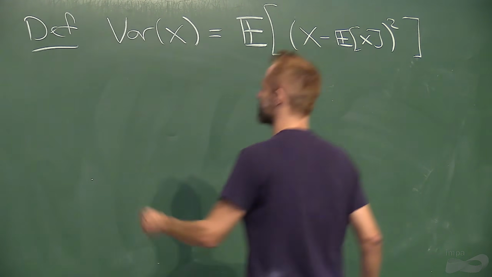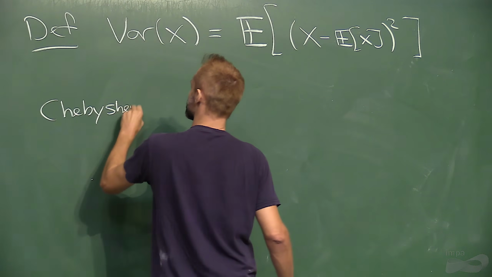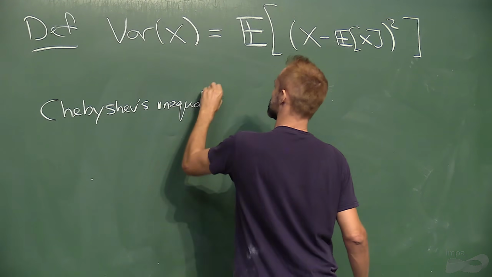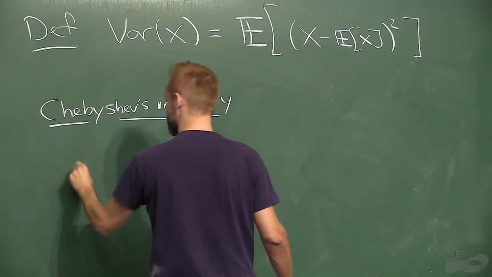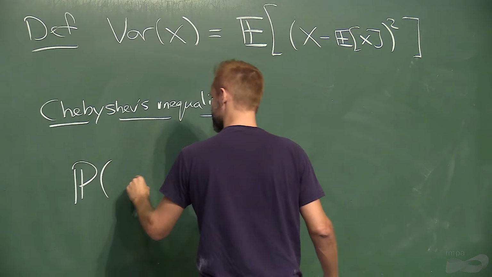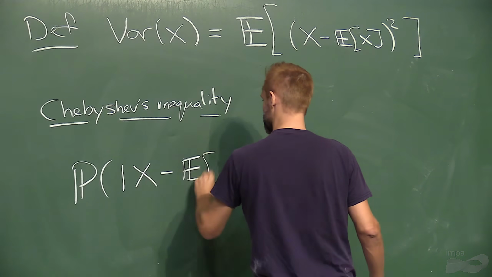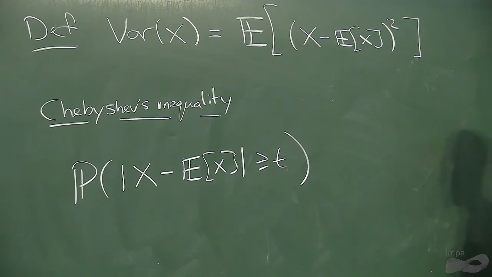And we have a very useful inequality called Chebyshev's inequality, which allows us to bound the probability that x differs from its expectation by a large amount.